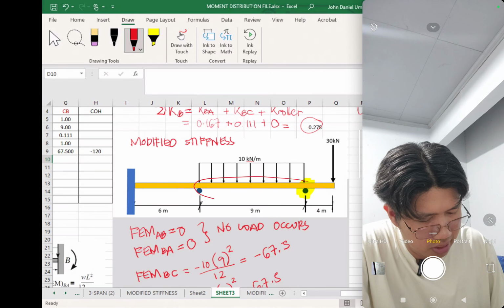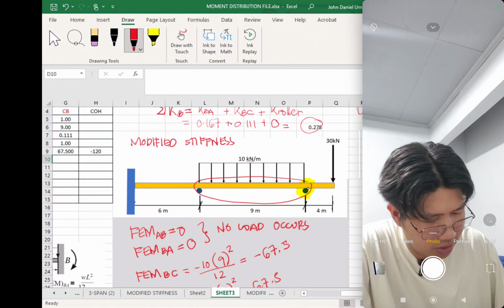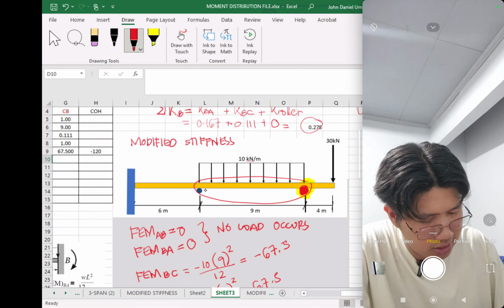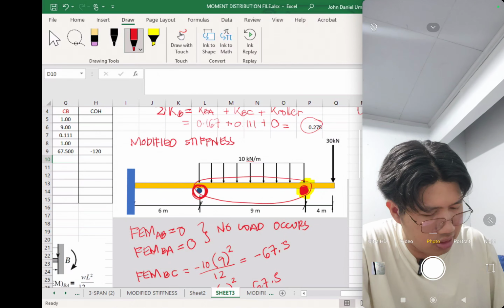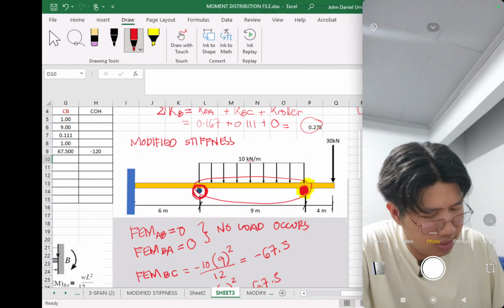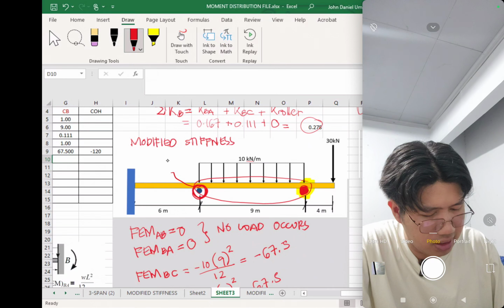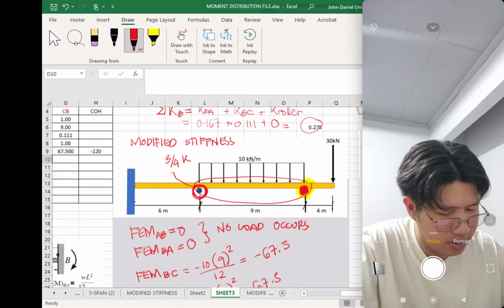So, yung member na to, yung merong end support na pin or a roller, which is at this one. Yung dulong support. And yung minomodify natin is the interior joint, which is, ito yung interior joint. In this case, nung sa member. Okay? So, we modify it. We give it a 3/4 of K. Okay?